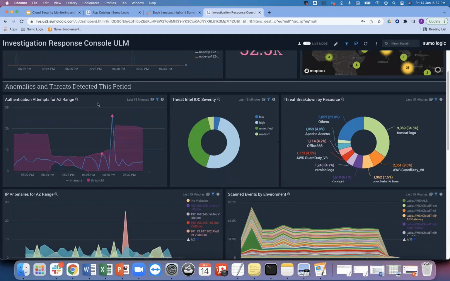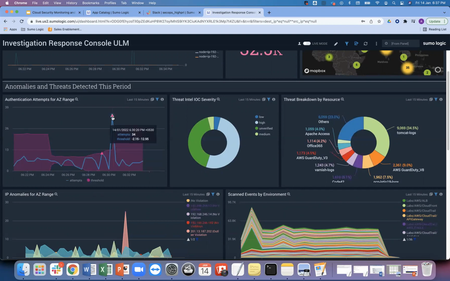Now, if you see authentication attempts over the AZs, right? If you see that there is a spike, this is what I was talking about, our outlier functionality. With this outlier functionality, you can see a graph which shows normal authentication attempts which happen in a regular period of time, but something goes beyond the normal.